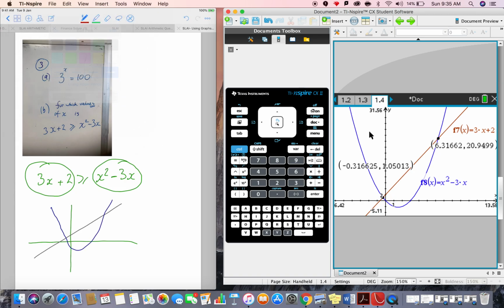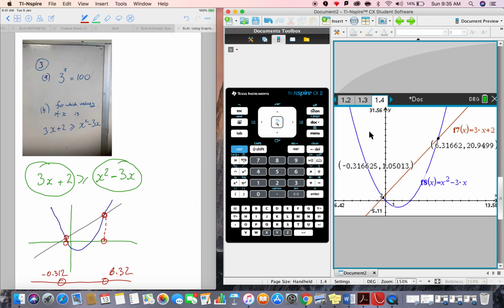Now let's put on these points here and here. I'm going to drop those onto the x-axis, and I'm going to draw a separate x-axis under here. These represent those particular x values, and they were 6.32 and negative 0.312.